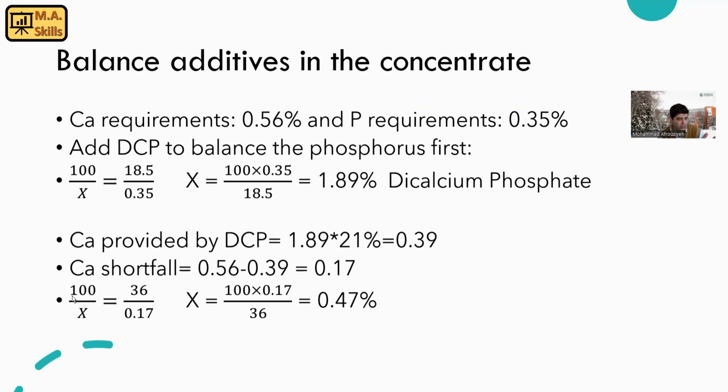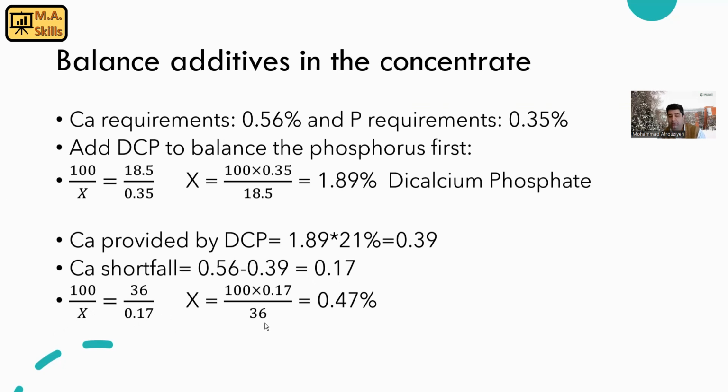So you need to say, okay, each 100 grams of calcium carbonate has 36 grams of calcium. I need to have 0.17 grams of calcium in my diet. How much calcium carbonate do I need to use?